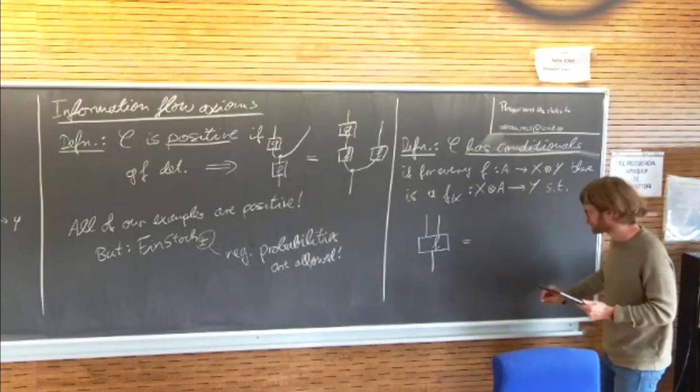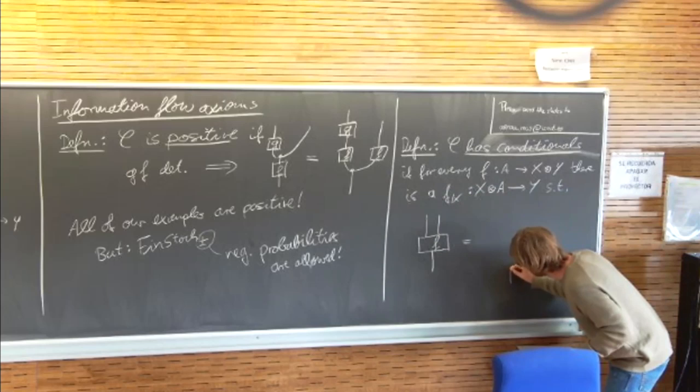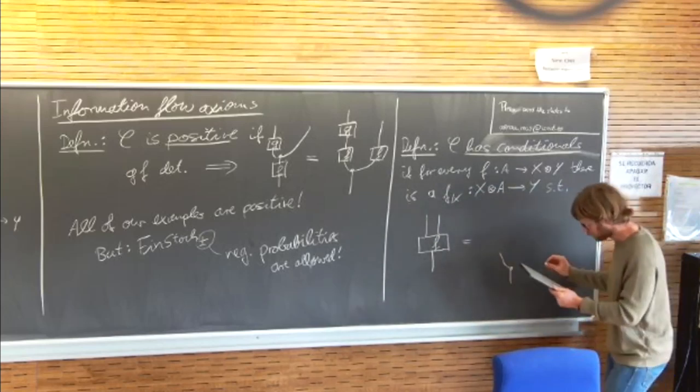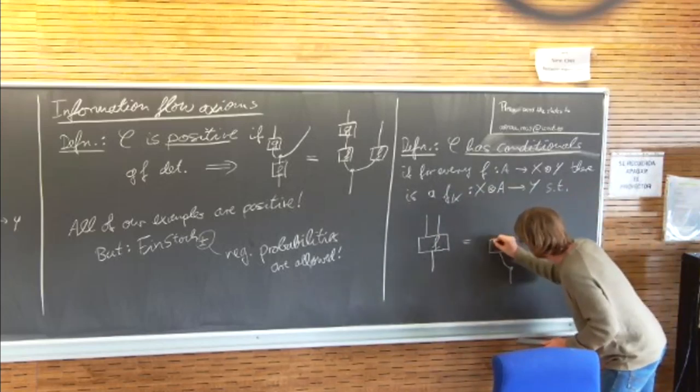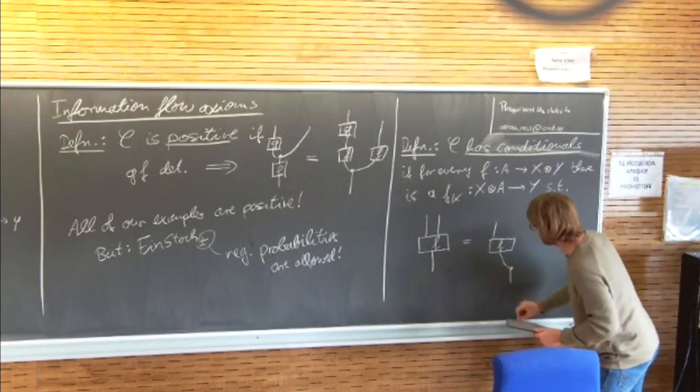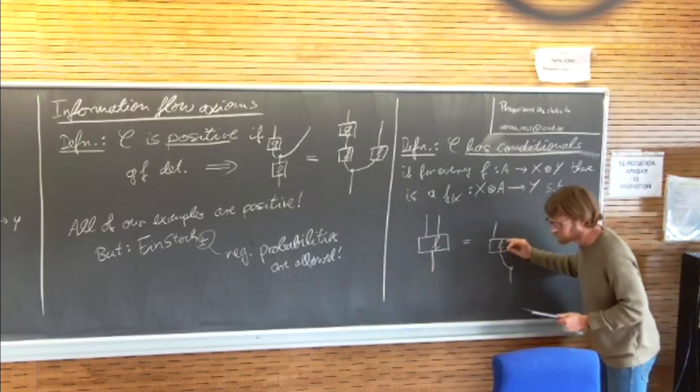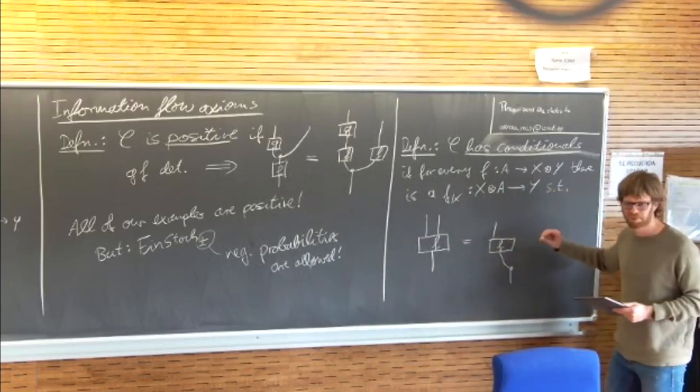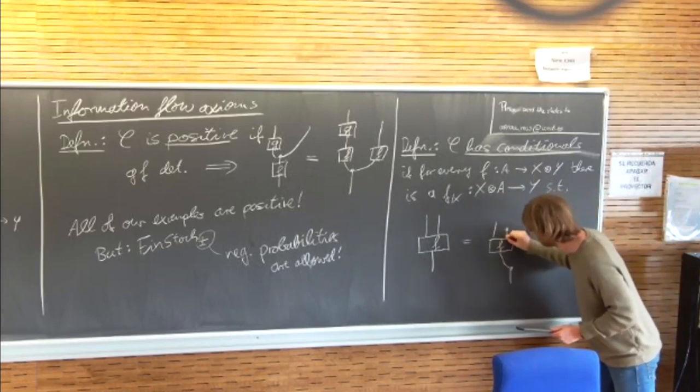And now I'm just drawing what I already said. We first do the original F, but we only keep track of the X, so we discard the Y output.